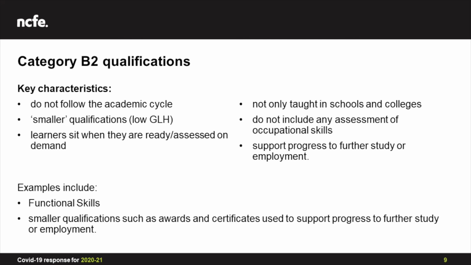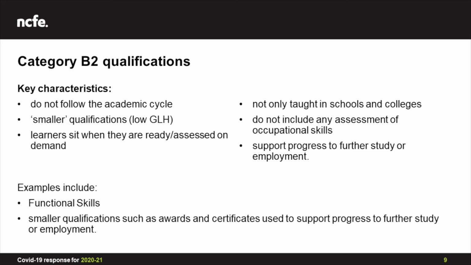The most common examples of B2 qualifications include functional skills qualifications and smaller qualifications such as awards and certificates that are used to support progress to further study or employment.